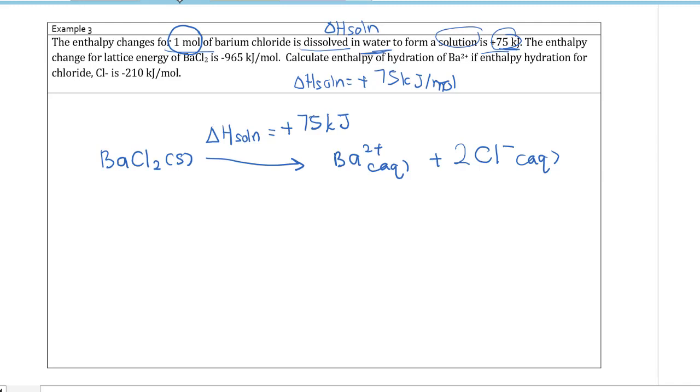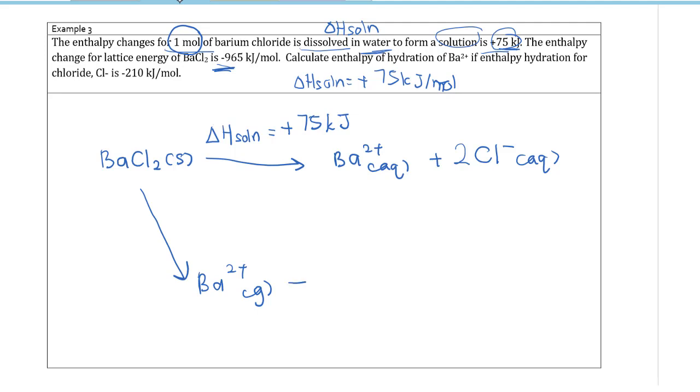The enthalpy change for lattice of barium chloride is negative 965 kilojoule. Given lattice energy, this is for formation, but here this will dissociate, becoming gaseous ions. So you will form 2Cl minus gaseous ion.